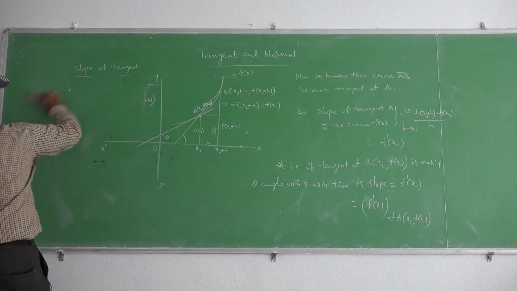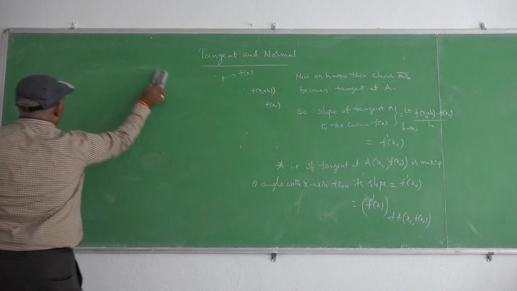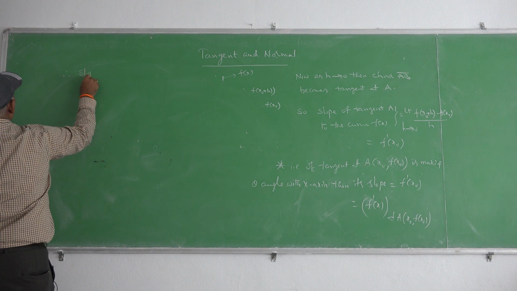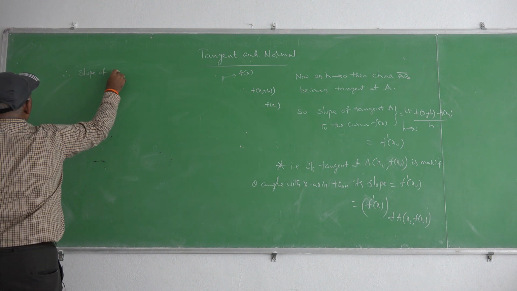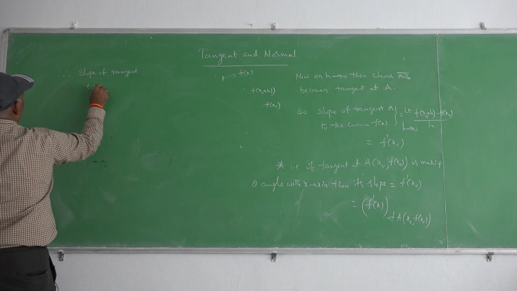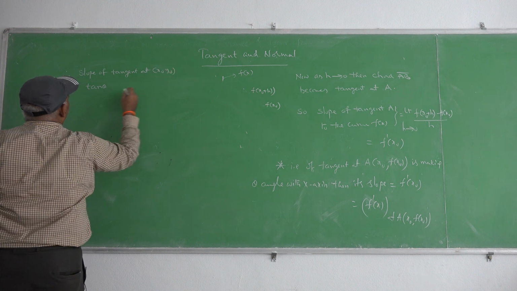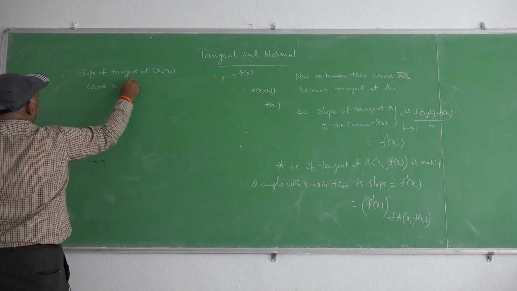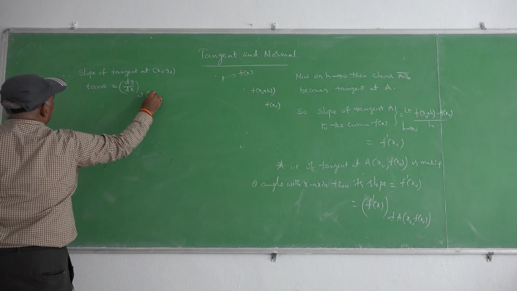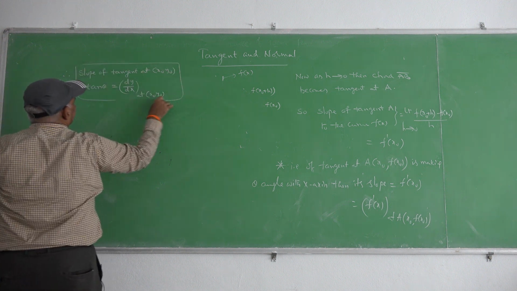So the slope of the tangent, tan theta, particularly at x naught, y naught, is dy by dx at x naught, y naught. This is an important point.